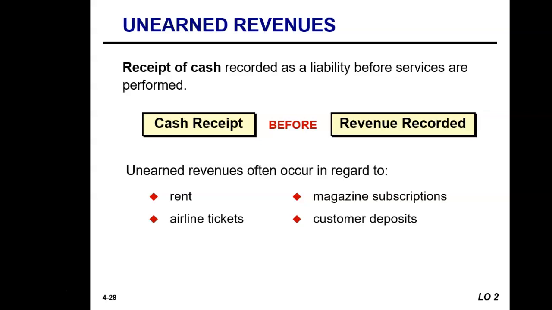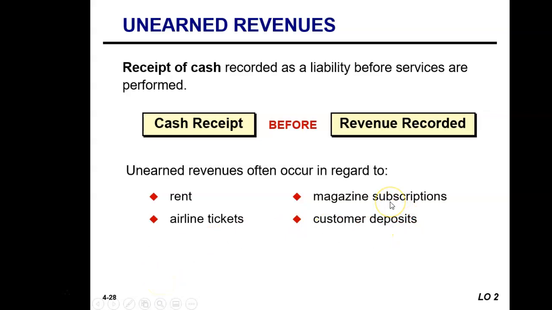Or once again, if you bought an airline ticket in the month of May for travel to take place in August, for the airline industry, that would be known as unearned revenue. They received cash before providing the actual service.